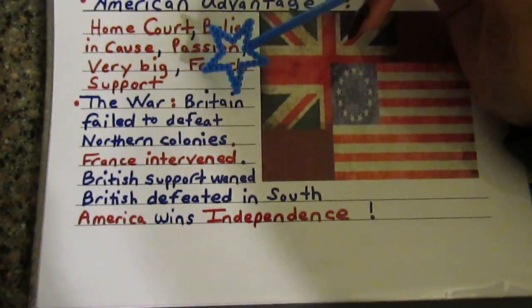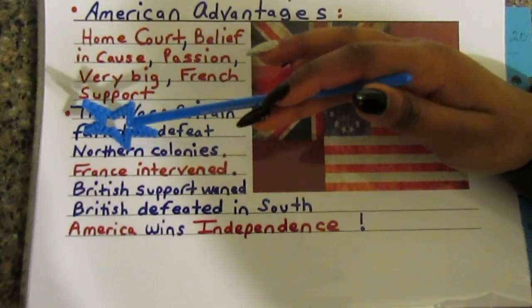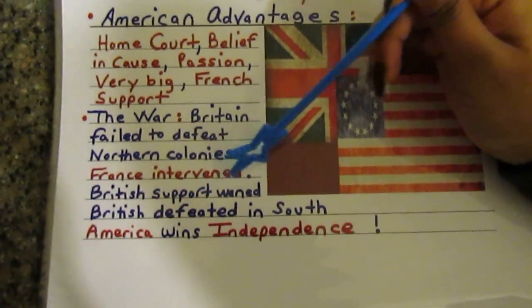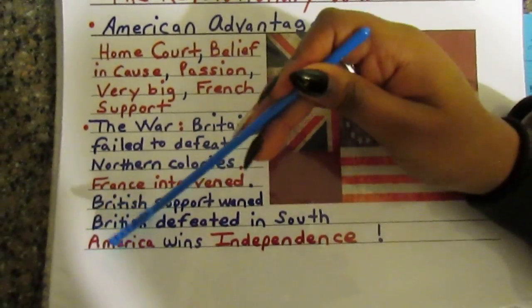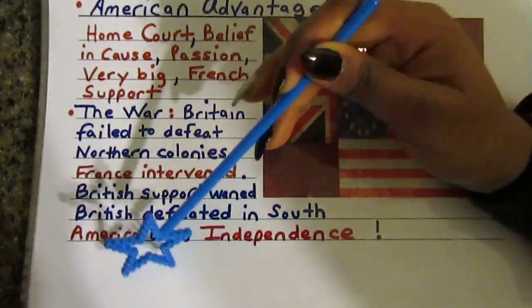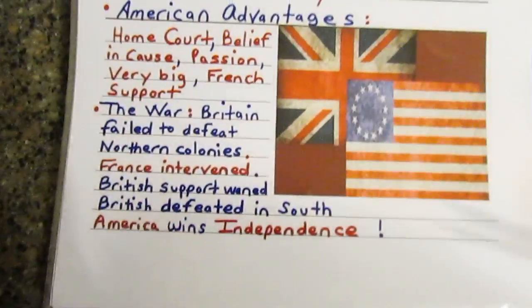During the war, Britain failed to defeat the northern colonies, and France intervened, and British support waned. British defeat in the South, and they win independence.